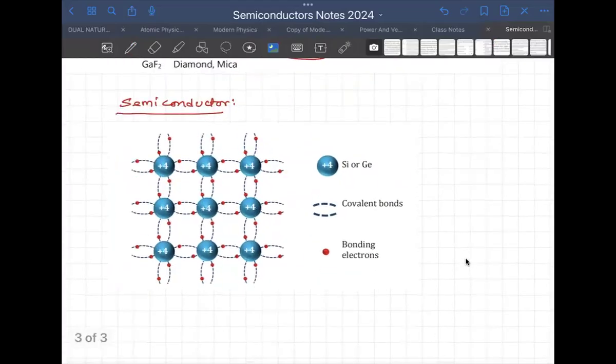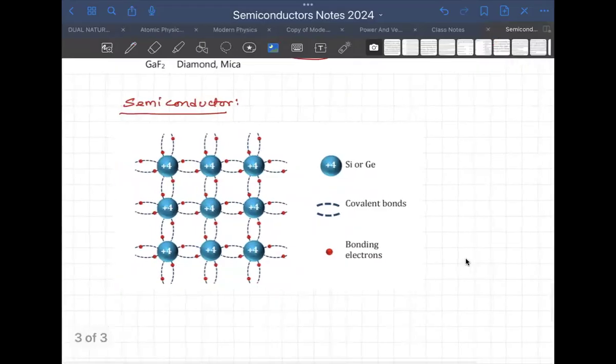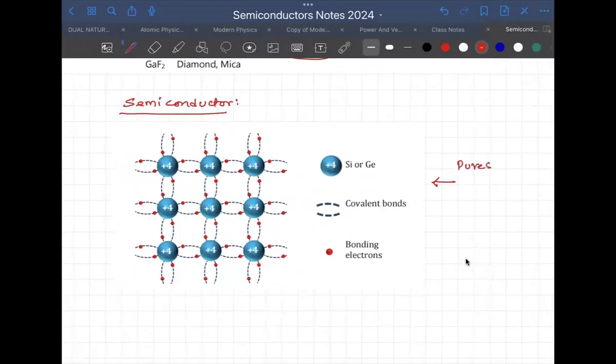Plus 4 indicates the valence is 4. This is in purest form. This is also called an intrinsic semiconductor.